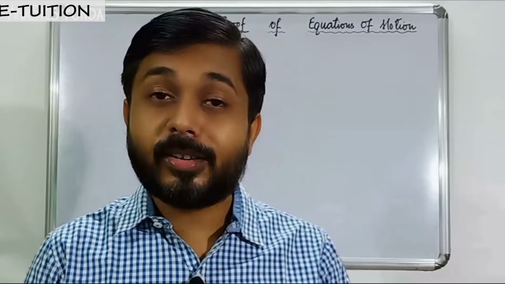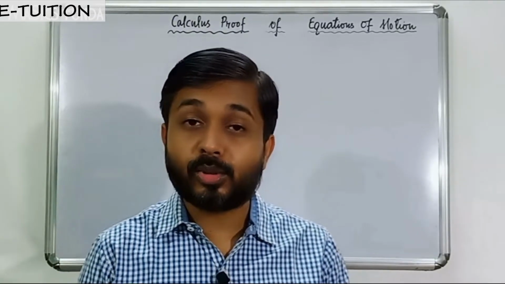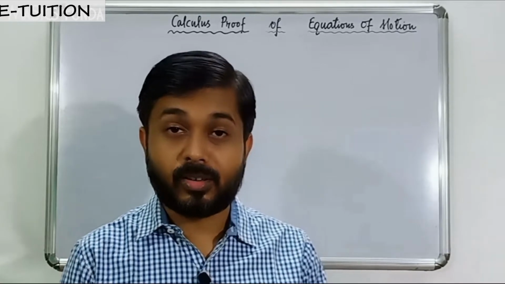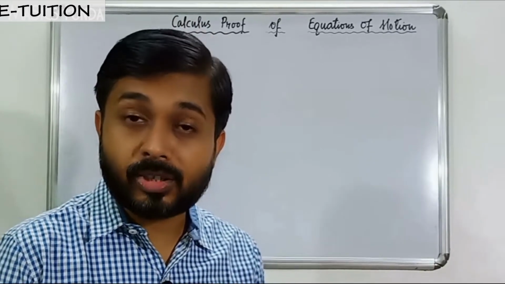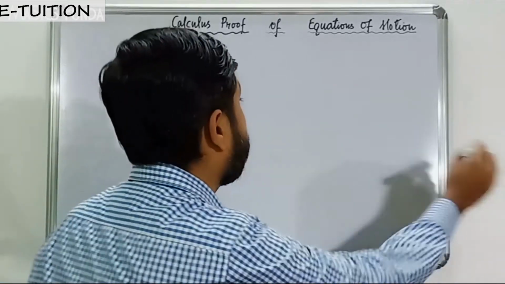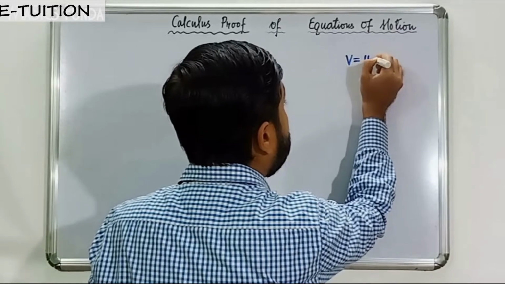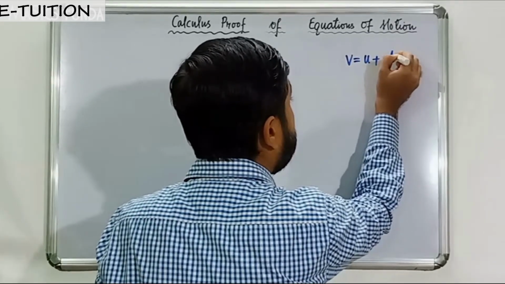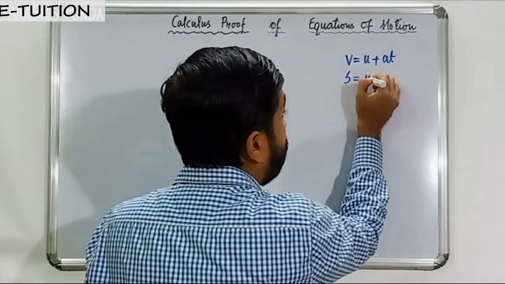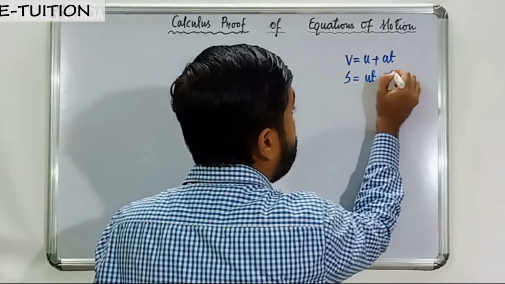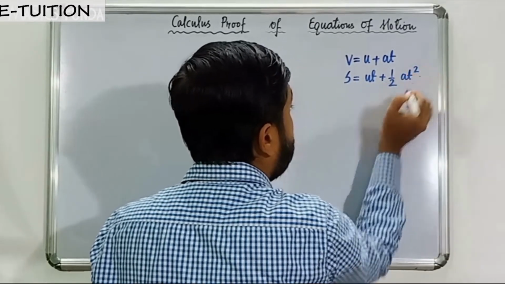I'm also fine here. I'm here today to explain to you the derivation of equations of motion by method of integration. So the equations of motion in the chapter of motion in one dimension are, first one is v equal to u plus at. The second one is s equal to ut plus half at square.